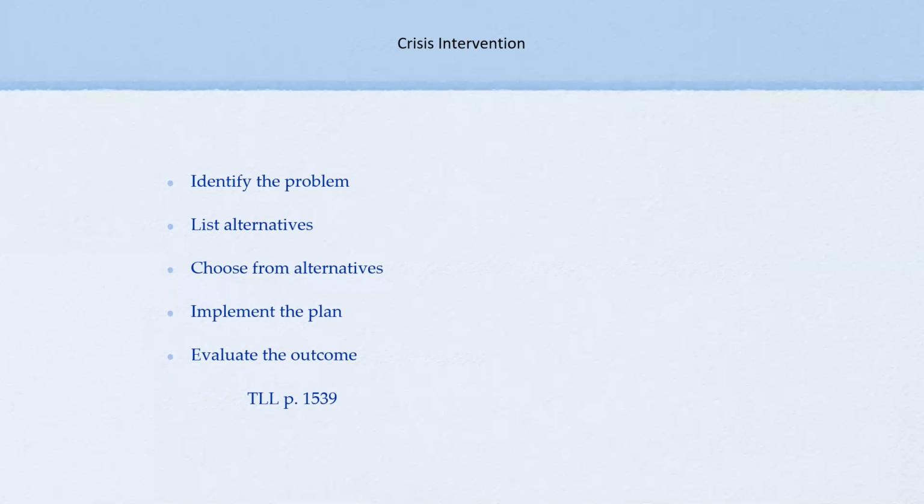So, identifying whatever the problem is, listing the different alternatives, then deciding, okay, now I have this list of alternatives, what am I going to do about it? You're listing out those pros and cons. This is something that we do in real life situations as well. I want to buy a car, so let me weigh out the pros and the cons of buying this new car, and do the pros outweigh the cons? If they do, then let's go ahead and implement that plan.